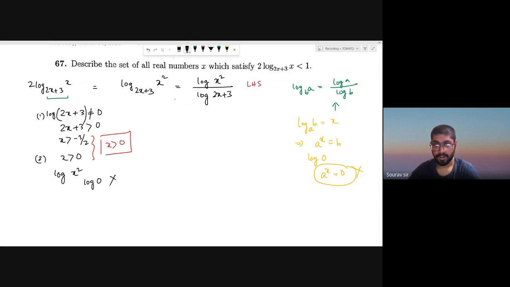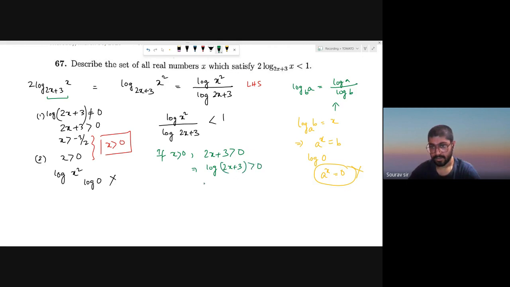Now log x square by log 2x plus 3 is less than 1. Just understand this part. If x greater than 0, then 2x plus 3 is greater than 0, right? So log 2x plus 3 is greater than 0. So we might move this denominator to that side without changing the signs.